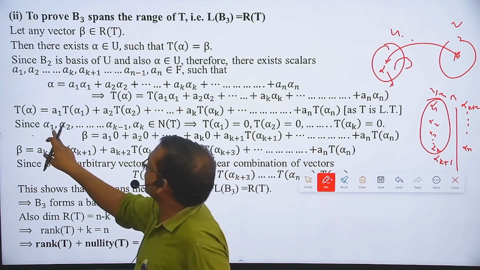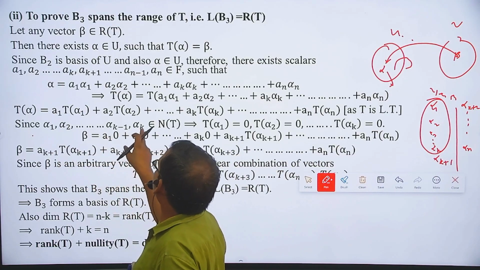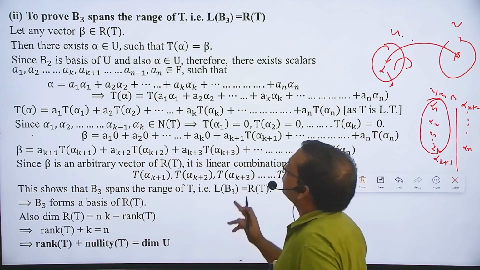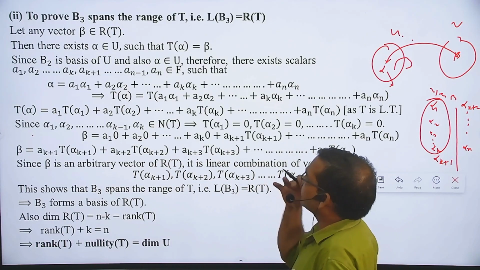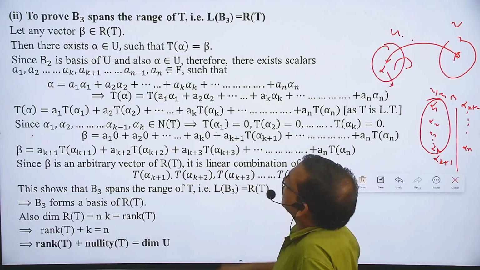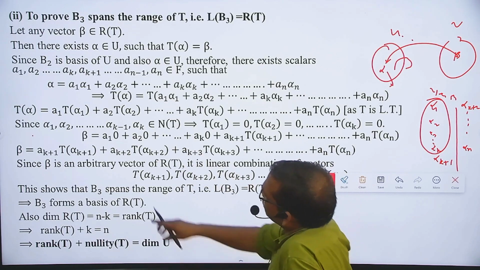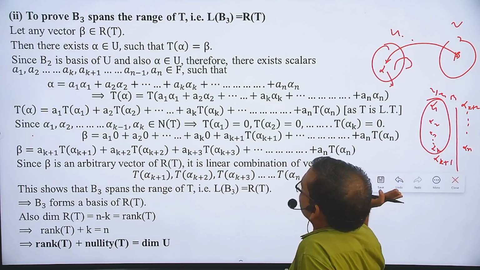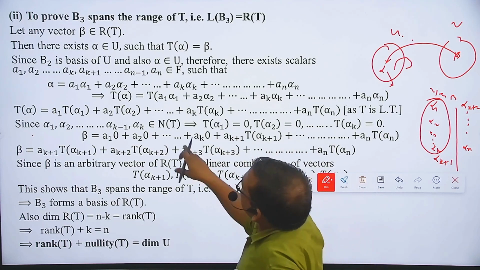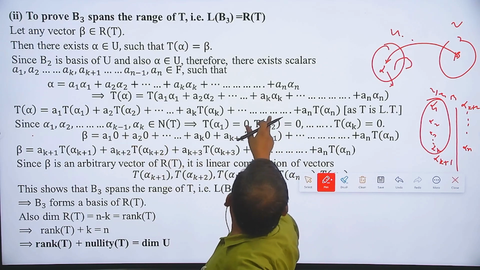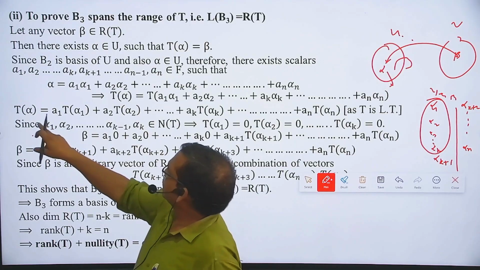Since alpha 1, alpha 2, up to alpha k are vectors belonging to the basis of the null space, their images are equal to 0.